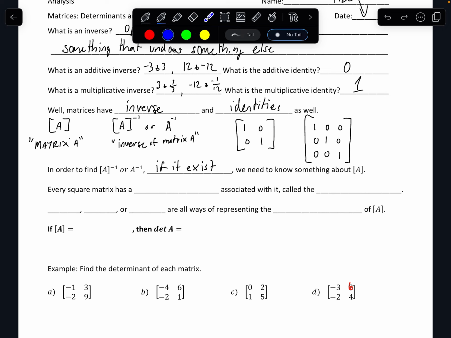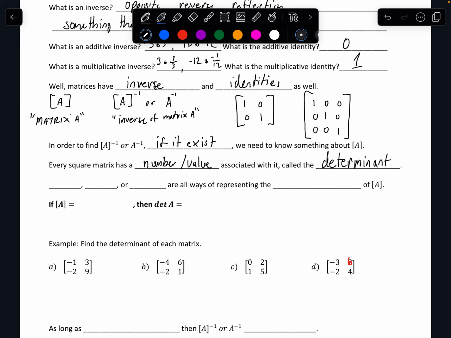So every square matrix has a number or value associated with it, and it's called the determinant. Some of you might know about the determinant in regards to the quadratic formula. It's also called determinant, but it's a different thing.